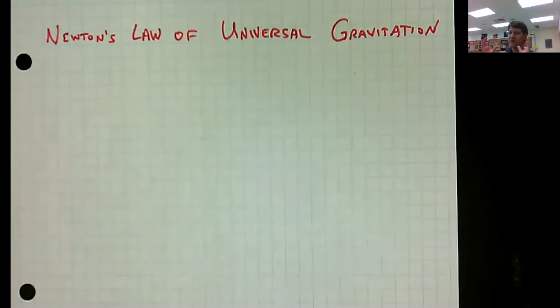It's called that because there was the study of the heavens, of the stars and the planets, and then there was the study of terrestrial physics, but it was assumed that what governed the heavens was totally different than the laws that govern us here on Earth.